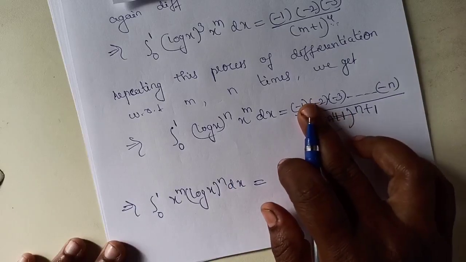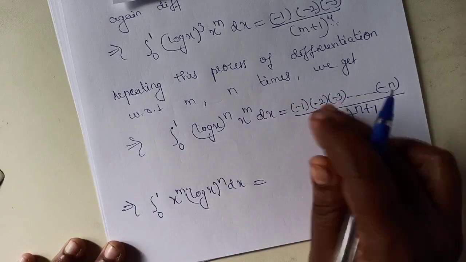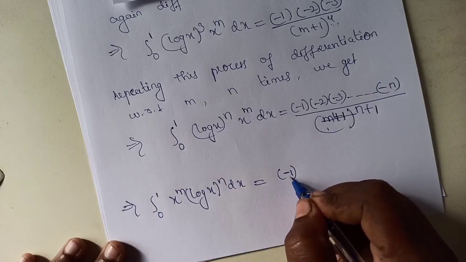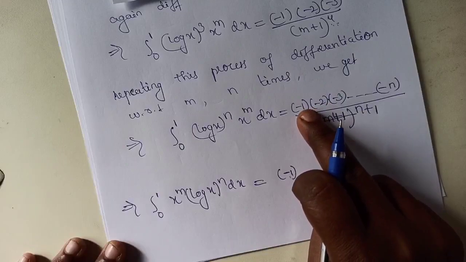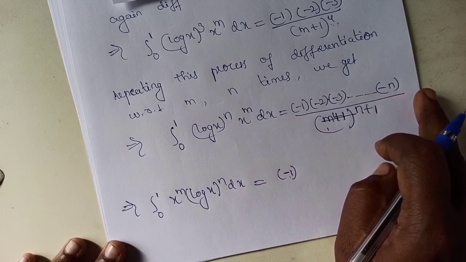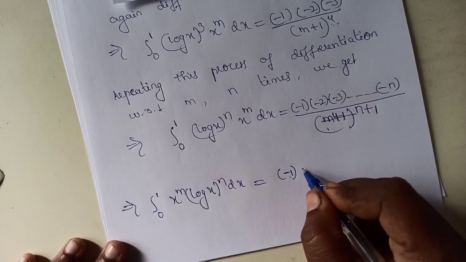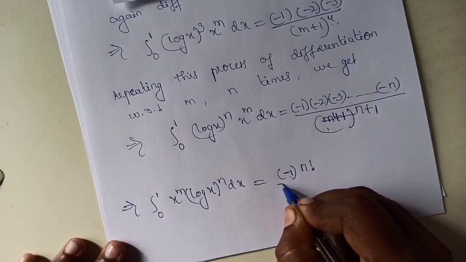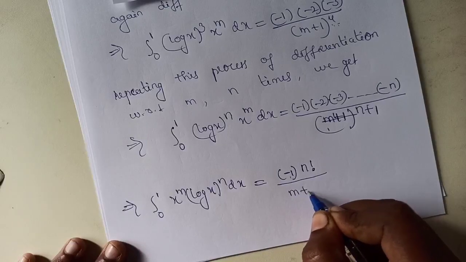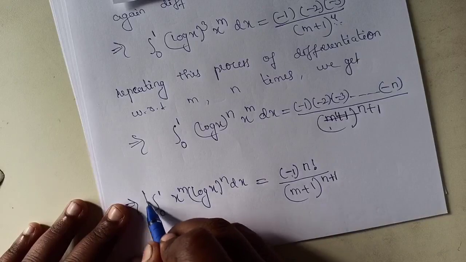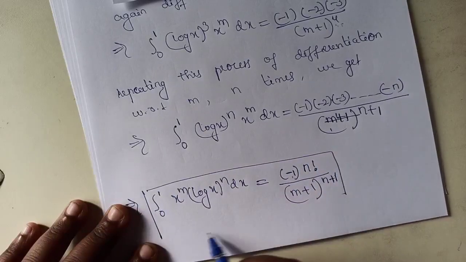So this can be written as minus 1; in all these terms we can take minus 1 as a common term. Then it becomes 1, 2, 3 and 4 and so on. So 1, 2, 3 up to n terms can be written as n factorial, denominator (m plus 1) power n plus 1. So this is the required proof.